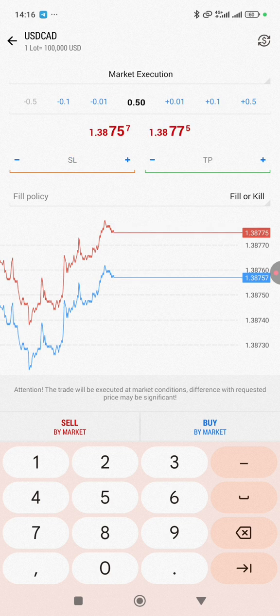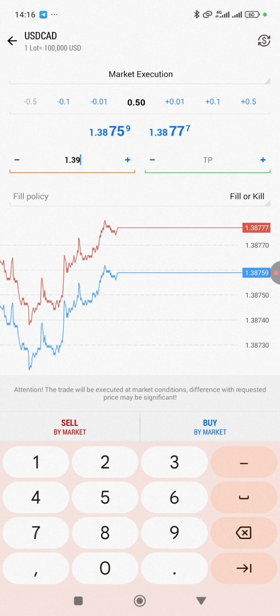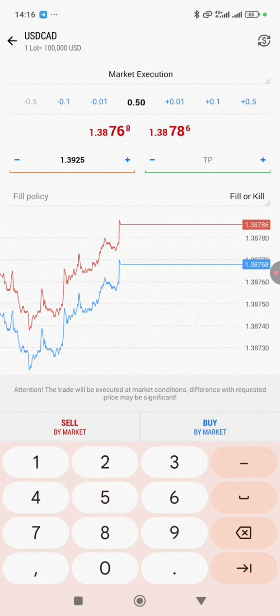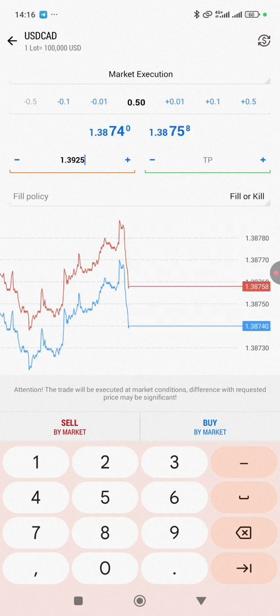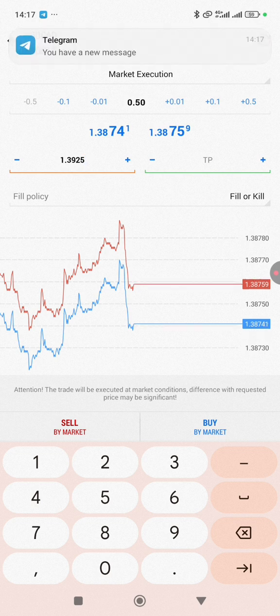So you can set your stop loss to maybe 1.3925, for instance. That means this is the point at which, when I hit this price, the market should stop by itself automatically. So I accept my loss. So that is your stop loss.